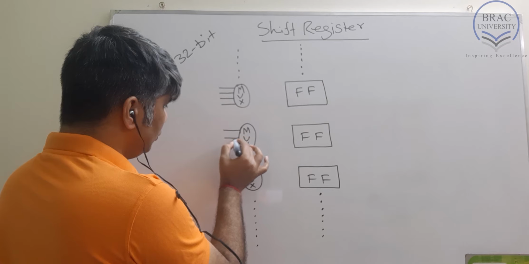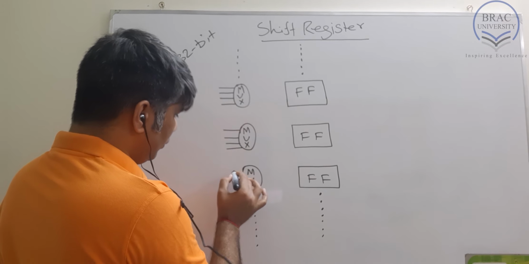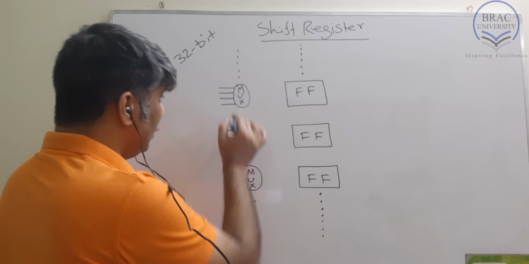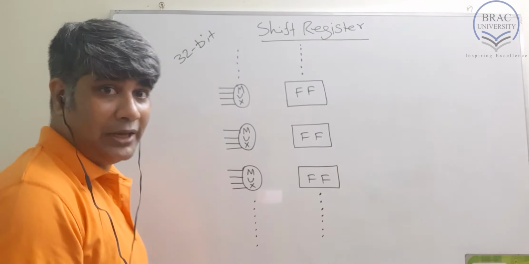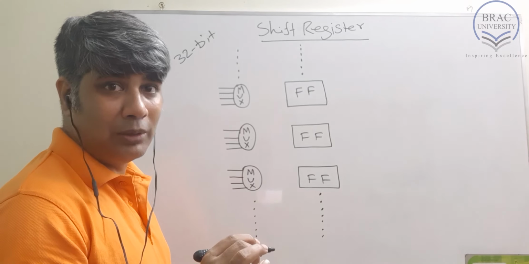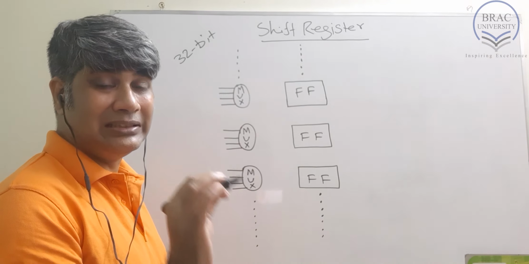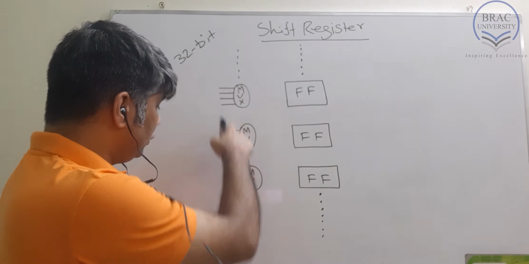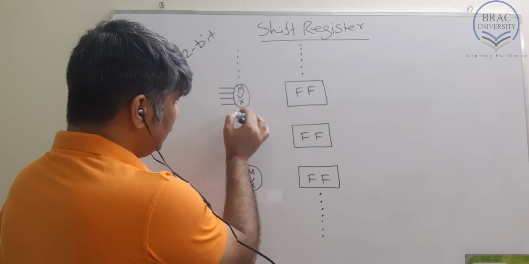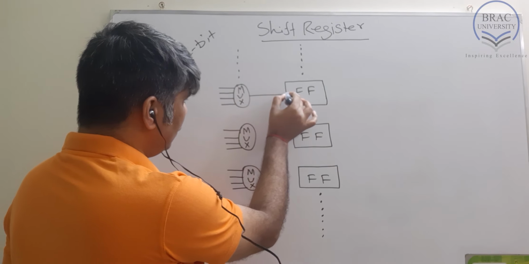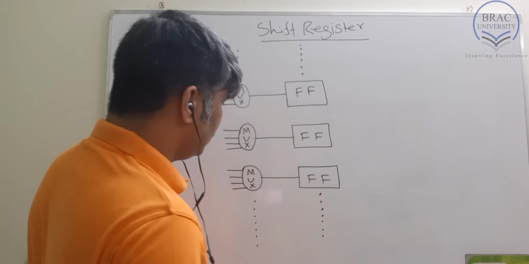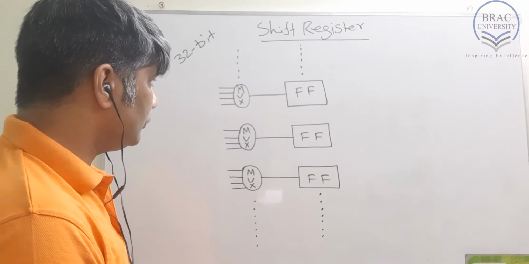Remember, these are all input sides of the multiplexer, so when you are indicating inputs to the multiplexer, you should give them here. Now, from these four inputs, only one can go to the flip-flop.